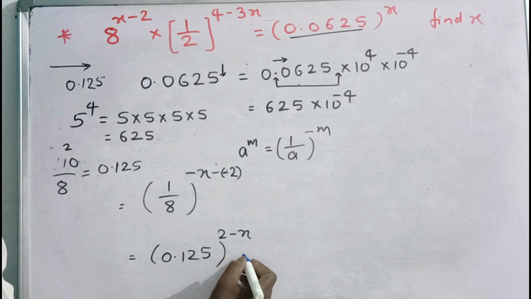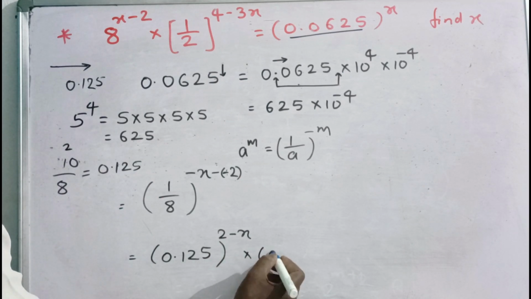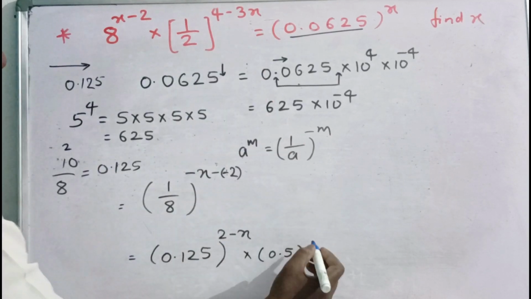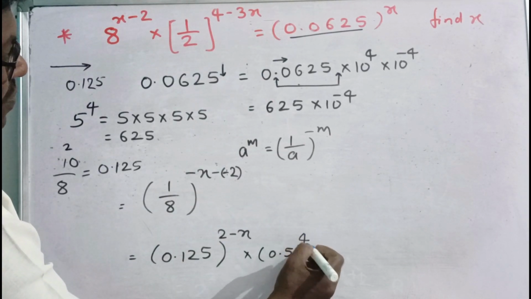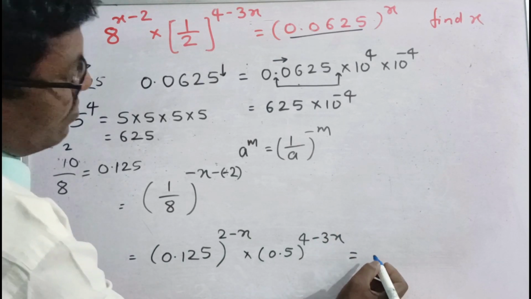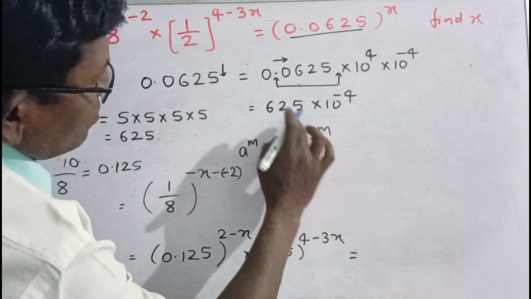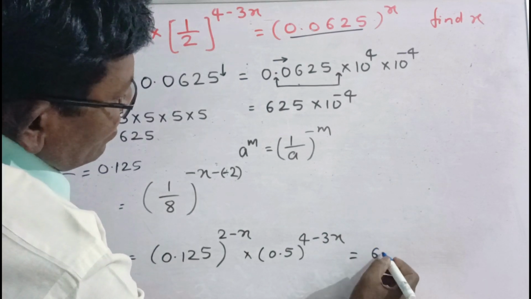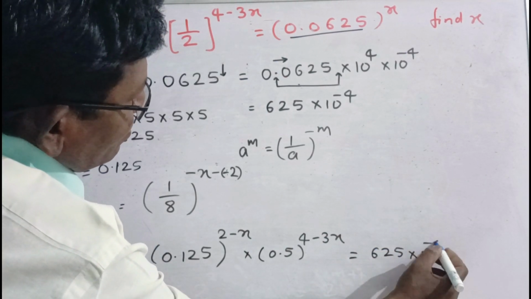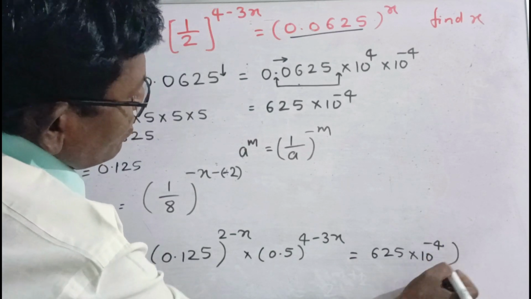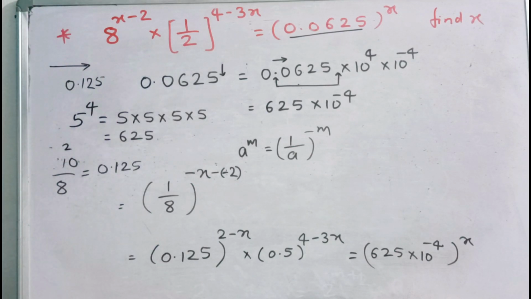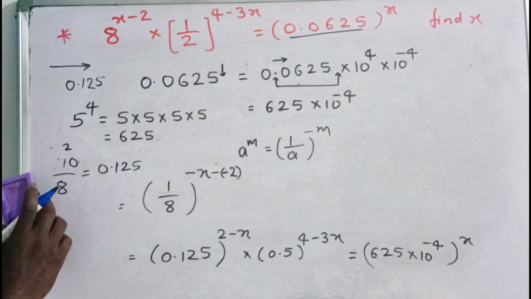Again, this 0.5 raised to the power 4 minus 3x is equal to 625 into 10 to the power minus 4 raised to the power x.